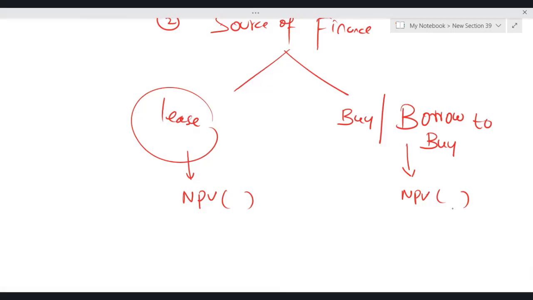Lower negative NPV means there will be a cheaper source of finance. For example, in case of lease, if your answer is negative 40,000, and in case of borrowing, assuming your answer is negative 42, so I'll go towards negative 40. So how do we calculate NPV of lease decision? How do we calculate NPV of borrowing decision?